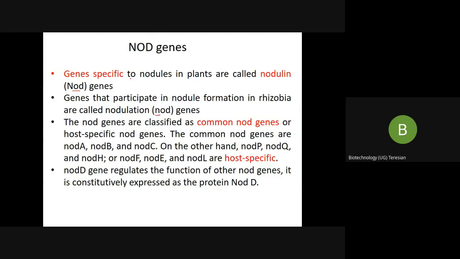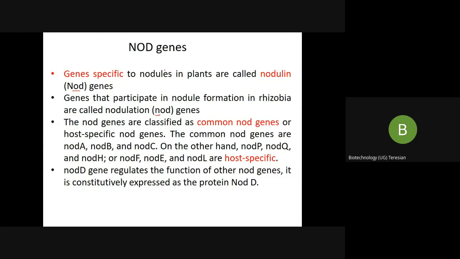Genes specific to nodules in the plant are called nodulin genes. Where are the nodules formed? You all know it is formed in the plant, and you have seen that.